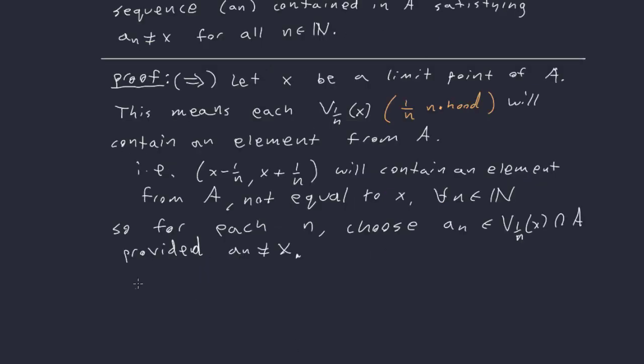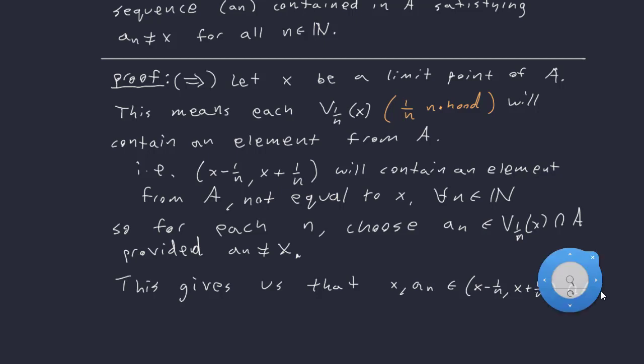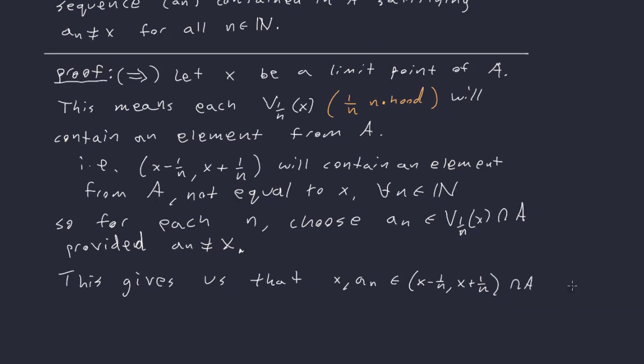Okay, so what this gives us is that x and a_n are in x minus 1 over n to x plus 1 over n, intersect A, and this is going to be true for all n in the naturals.